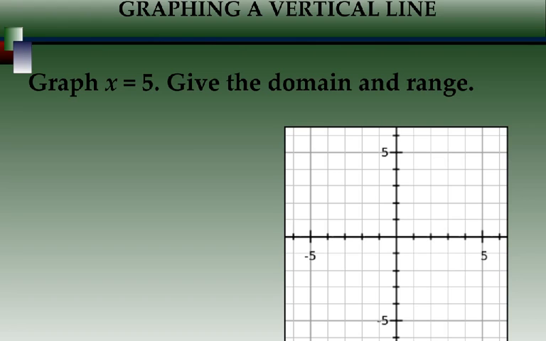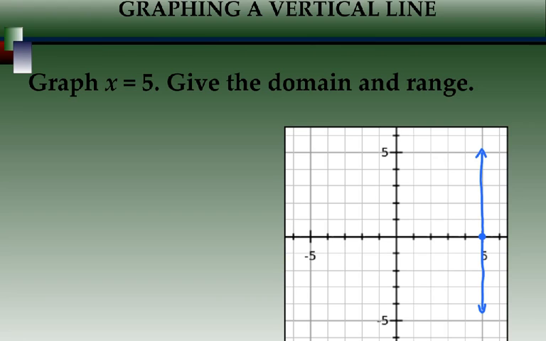How we're going to draw that on our graph: this point right here that I just plotted, x equals 5, we are going to draw a vertical line at that point. And that is our vertical line graphed on our graph.